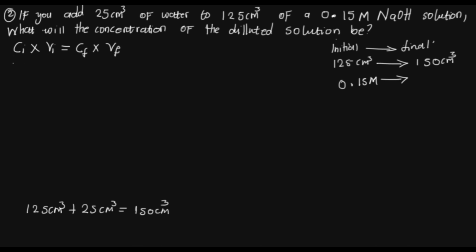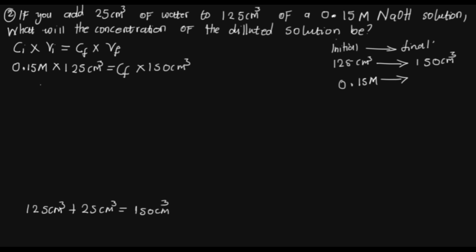So initial concentration is 0.15 multiplied by initial volume is 125 cubic centimeters. Final concentration is what we are looking for, times final volume is 150 cubic centimeters.